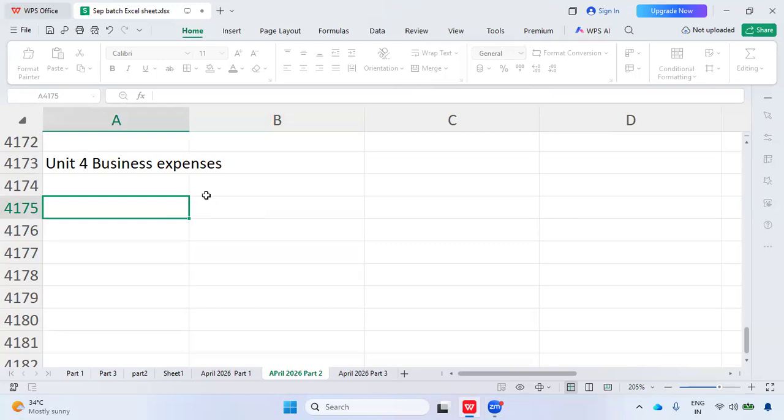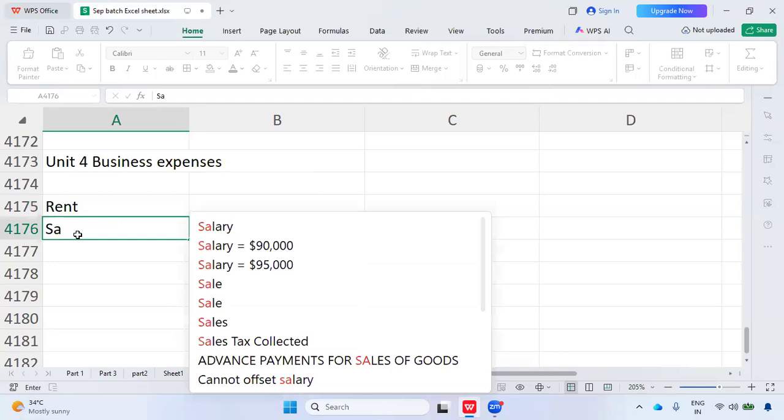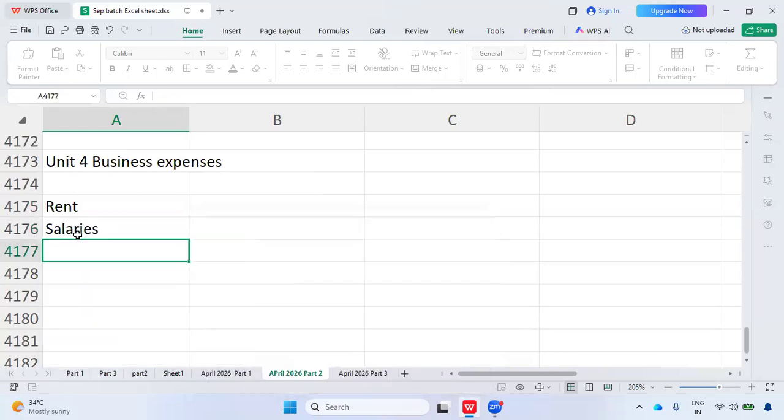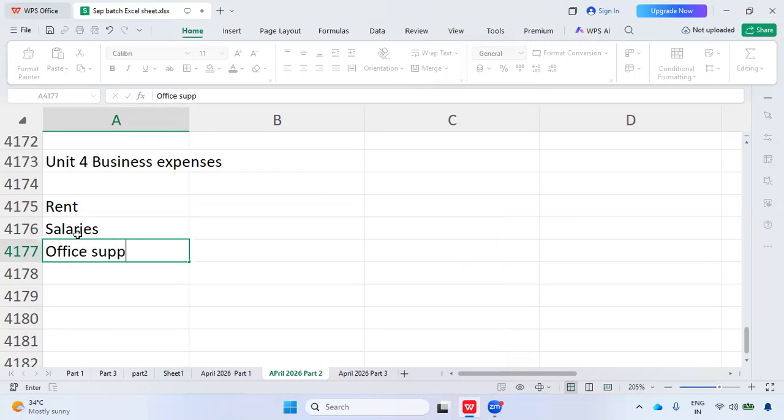Business expenses generally, if any person is running a business, what type of expenses usually will a person spend towards the business? The business can pay in general rent. So rent is one of the expenses. Also, business can pay salaries to the employees, and office supplies.